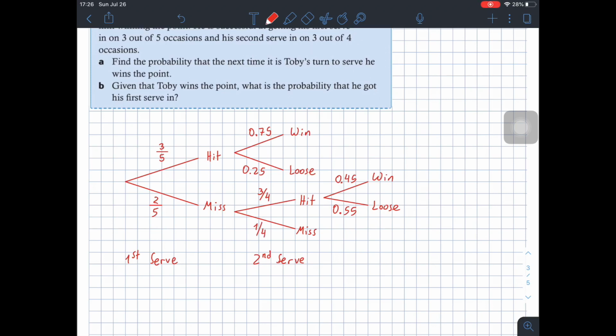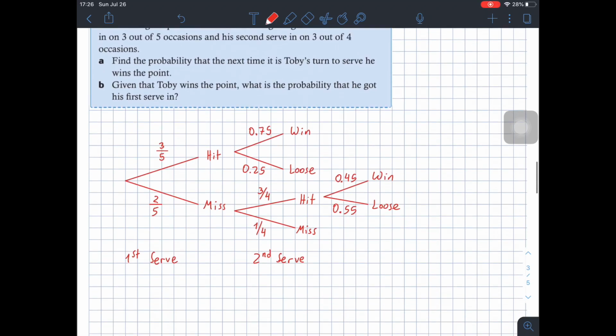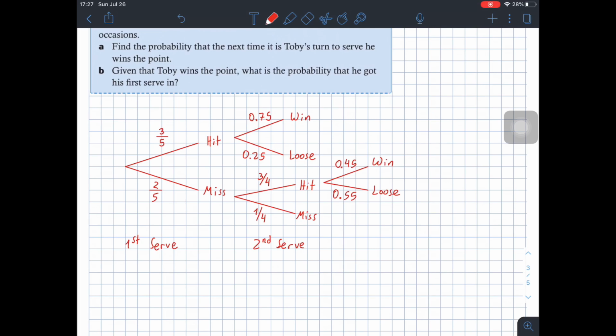So now that we have built our complete tree diagram, solving the exercise itself should be easier, right? It says, find the probability that the next time it is Toby's turn to serve, he wins the point. So basically what we want to calculate is the probability of winning the point, right?